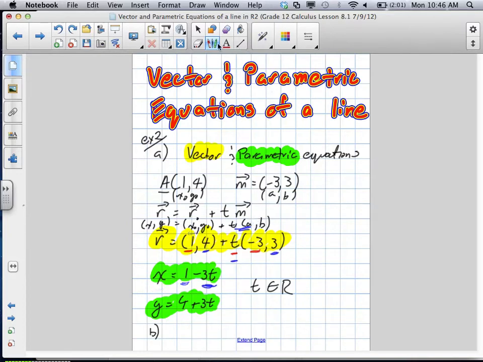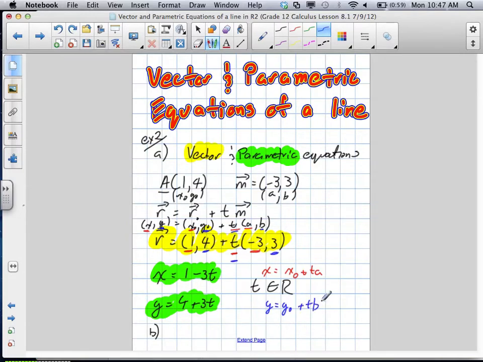We did write that also in the equations. The parametric equation also tells us that x is equal to x naught plus ta, and our y is equal to y naught plus tb, which was in the equations we originally wrote. This is a simpler way to just plug it into the parametric form of the equation.